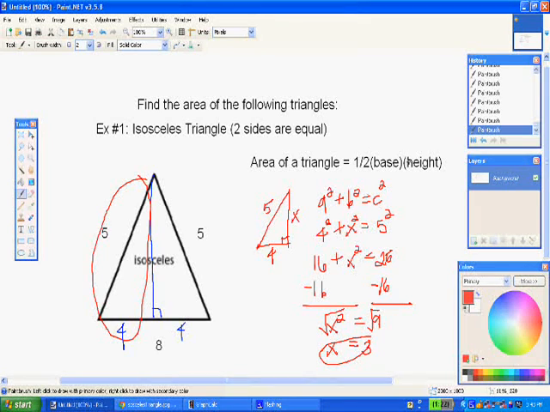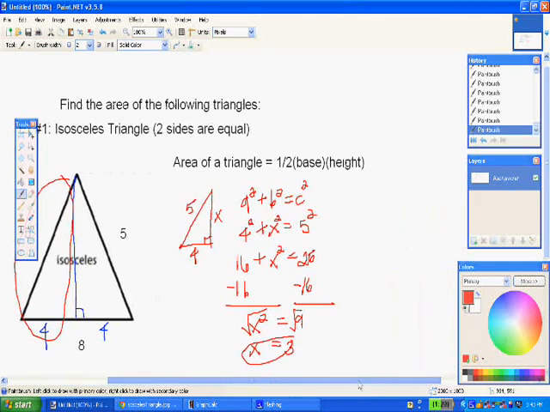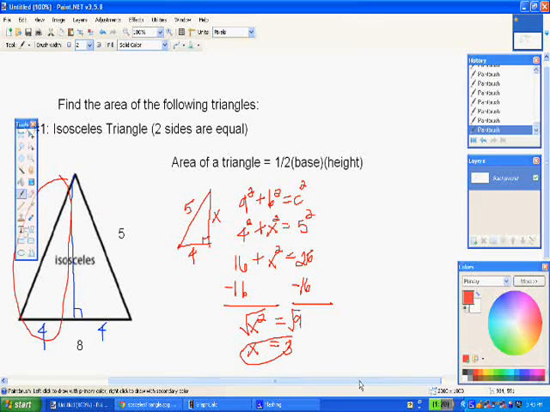To find the area now, we have to do 1/2 times the base times the height. Okay, let's figure out the area. 1/2 times the base, and the base we see is 8.